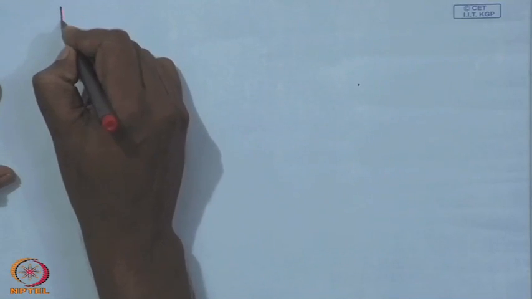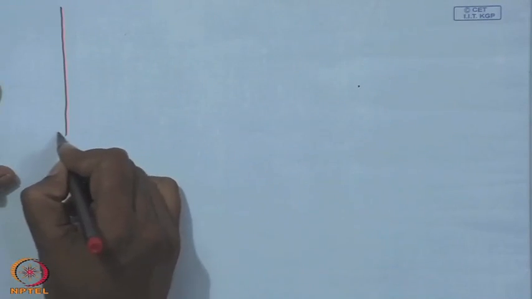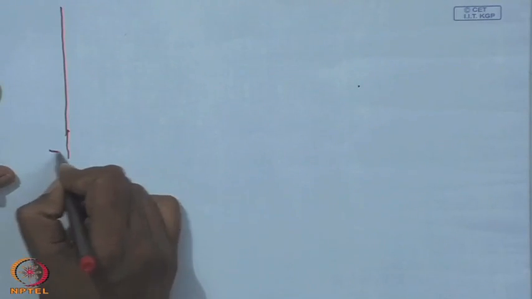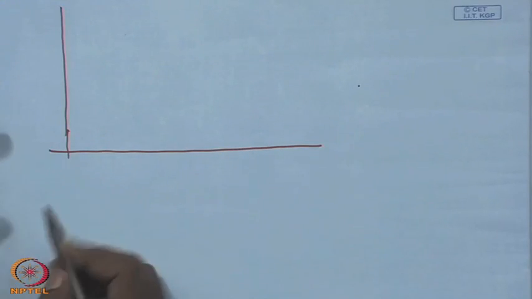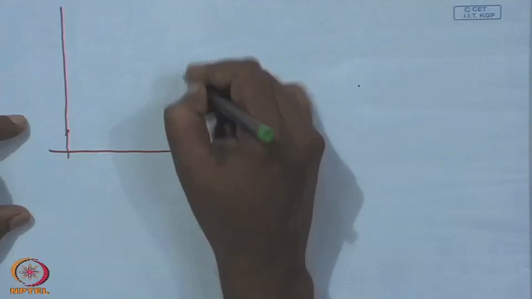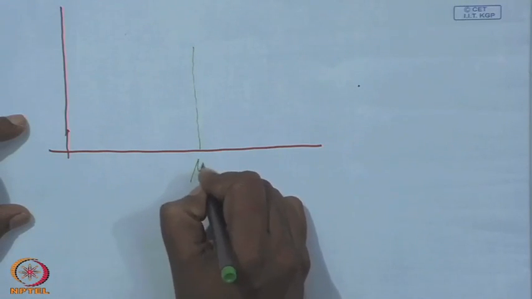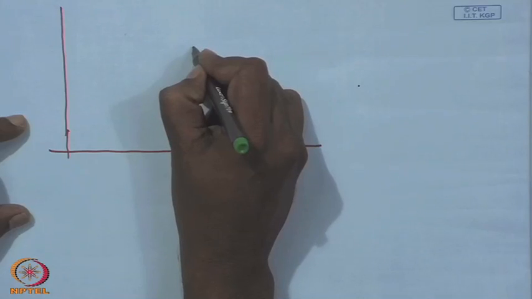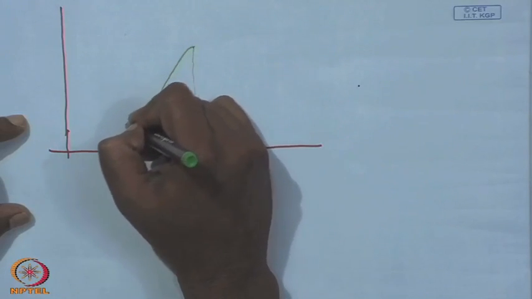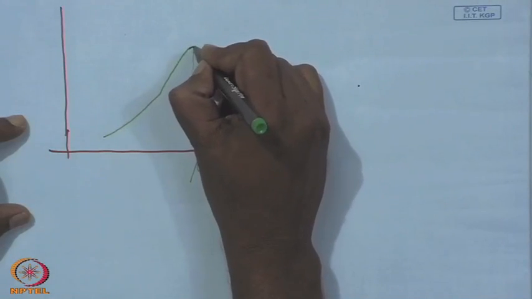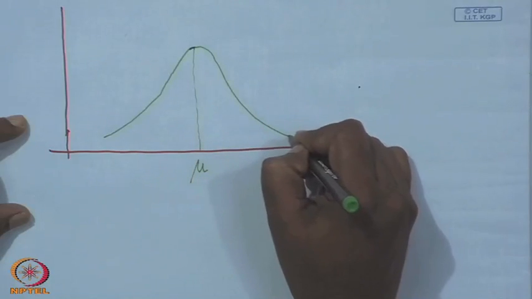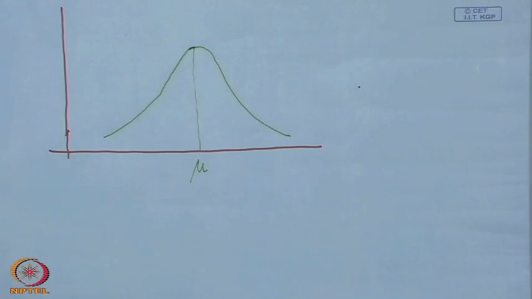So, let us start with this. Let us start with the known form of Gaussian distribution function, which was something like this. I had this mean location mu, and for certain variance sigma square, the density curve is something like this.